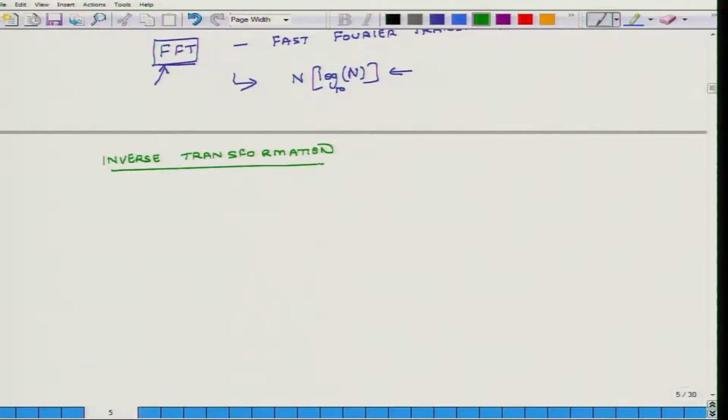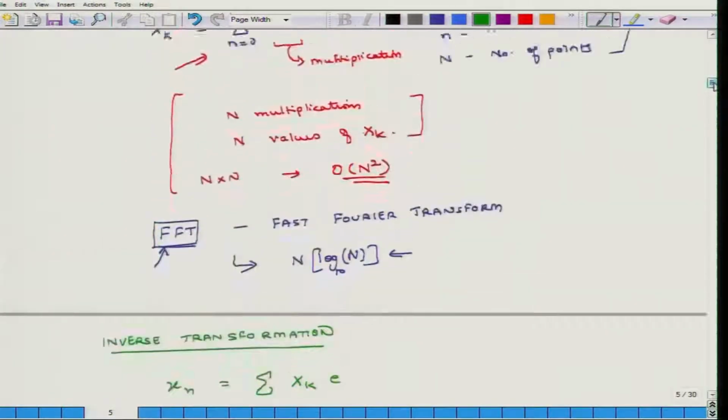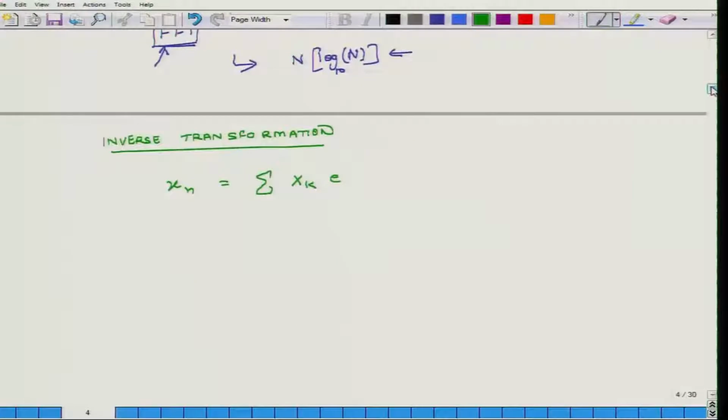what do we do? The relation is simple, it is very similar. So, xn is data in time domain, and that equals Xk e, and earlier we had a negative exponent, here we have positive i 2 pi kn over n, and here we are adding up these terms on which index? k is equal to 0 to n minus 1.